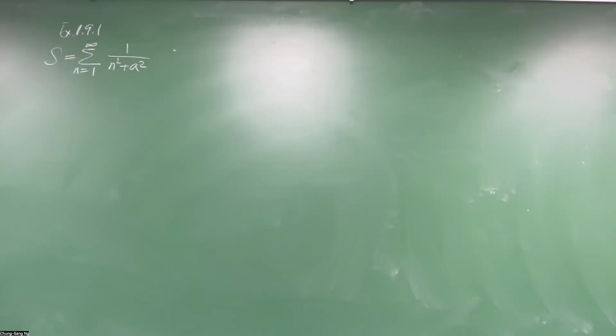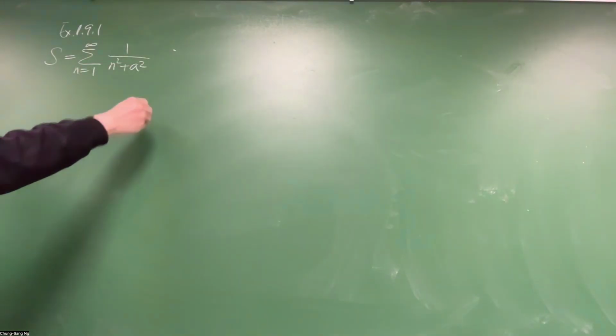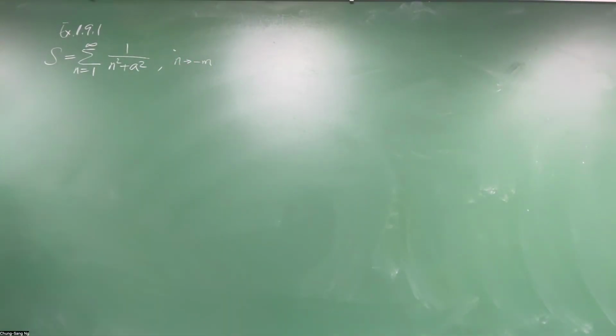So the first thing you want to do is to change this to minus n, also add it to minus n. So one easy way to do is just a change of variable. So we can say we call n minus n, just say n changes to minus n, right?